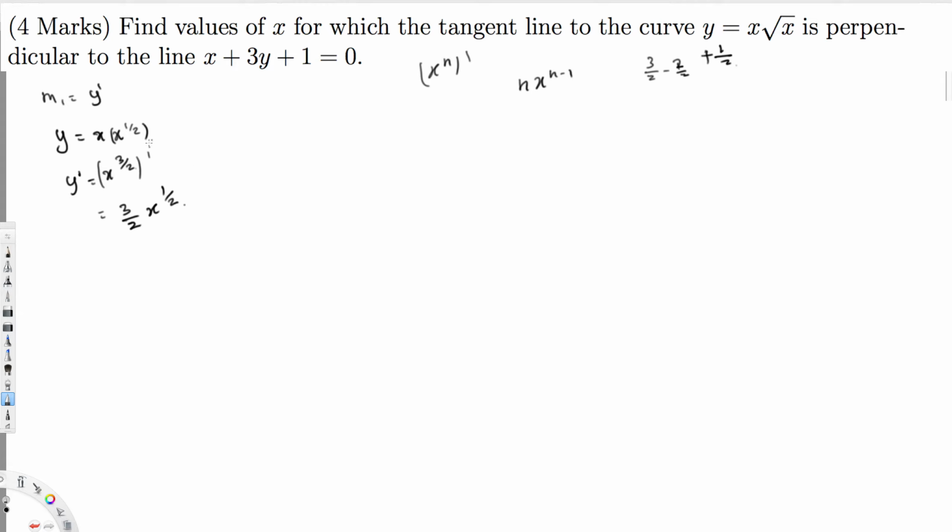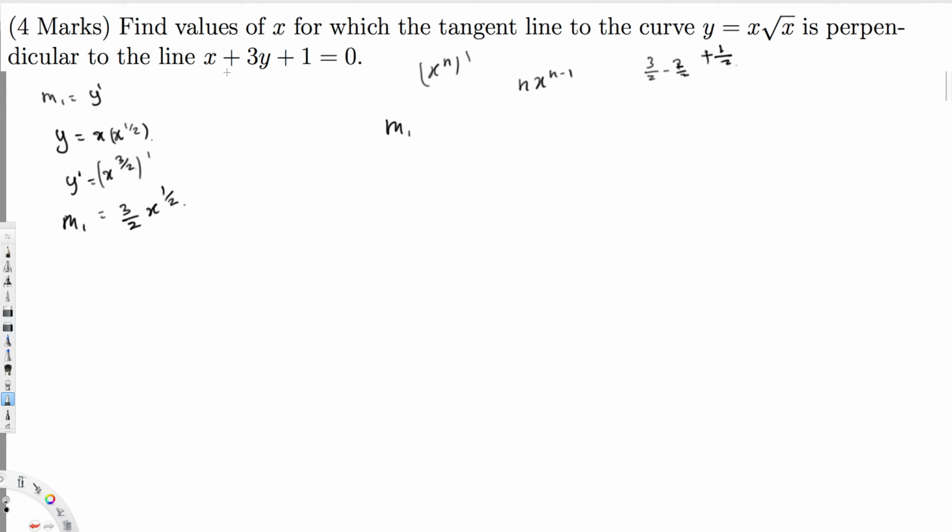And also we have to remember, the tangent line and the given line are perpendicular to each other, so the relation is going to be this. If I say y prime is equal to this one, this is going to be my slope m1.